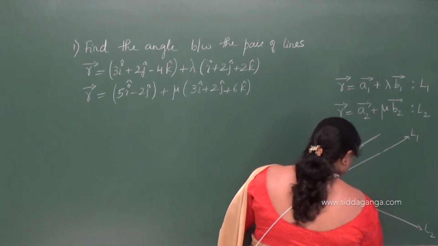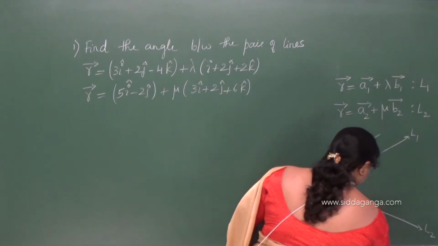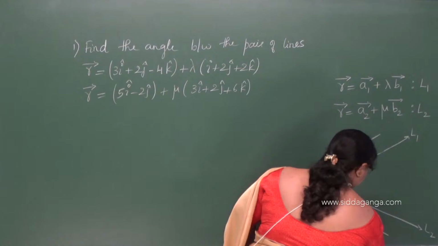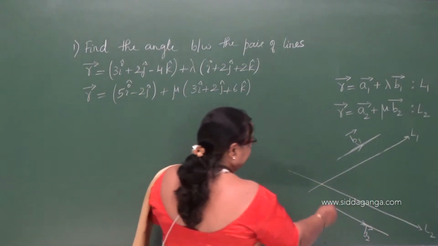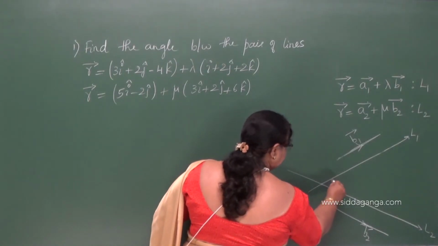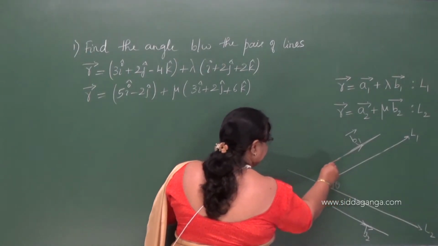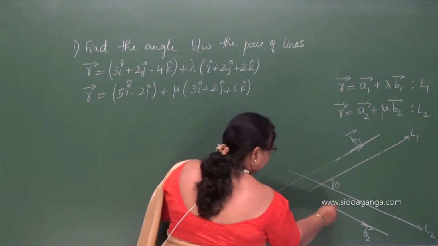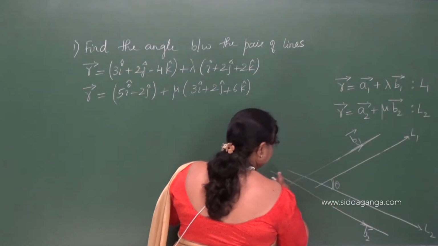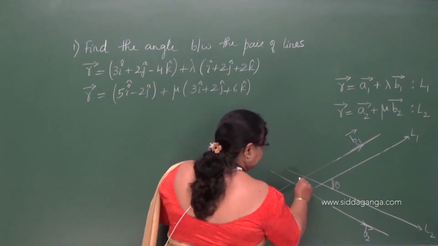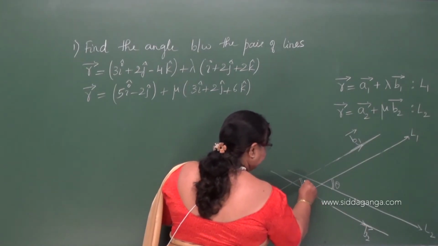Then you take it here, and this is vector b2. Yes? The angle between the two lines is the same as the angle between the two vectors. Look, the angle between the two lines is the same as the angle between the two vectors.